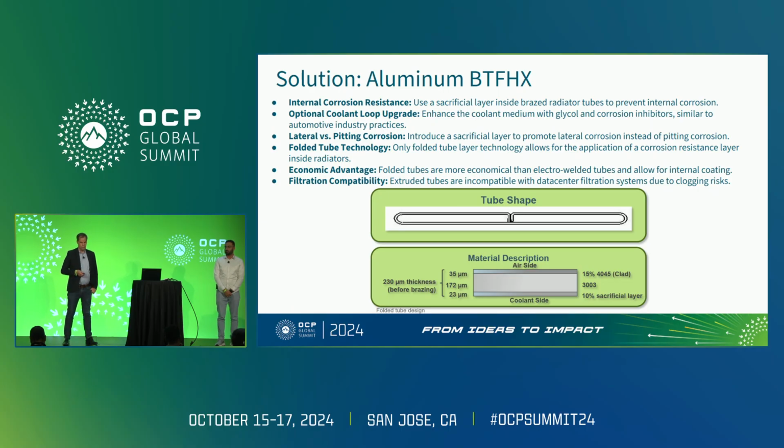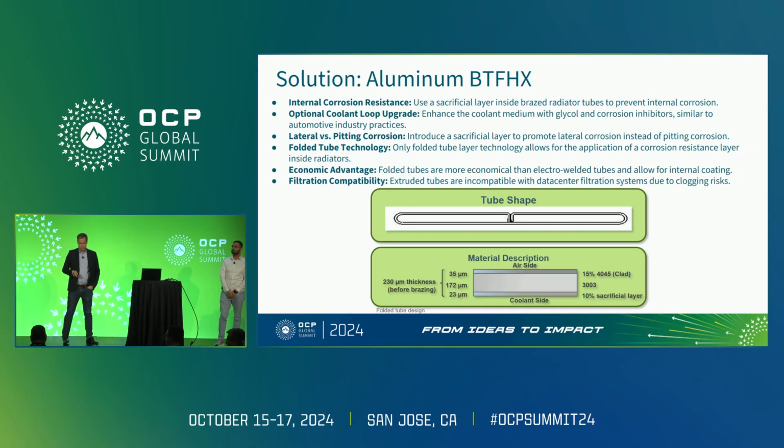It's really important to have in mind that this combination of technologies is able to fulfill all the requirements and to have advantages on all the topics, not only corrosion. Here the illustration is for a 230 micron tube. Of course we have several tubes: 270, 350 and so on.